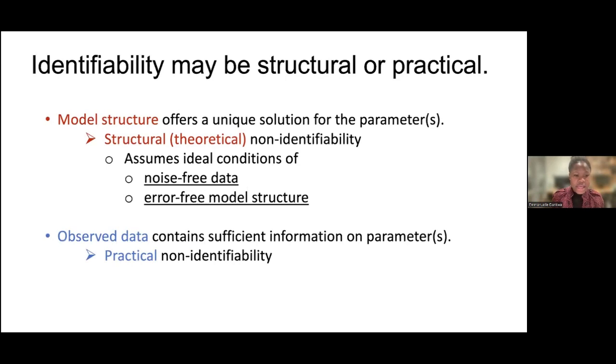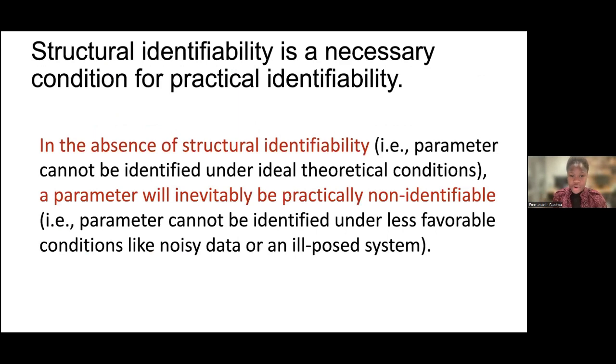And it's quite clear from these that in structural identifiability, we're assuming perfect theoretical conditions: there's no noise in the data, and the model has no errors. If under these ideal conditions the parameter is not identifiable, then under less favorable conditions, like if you observe noisy data, which we will typically observe, the parameter cannot be identified.